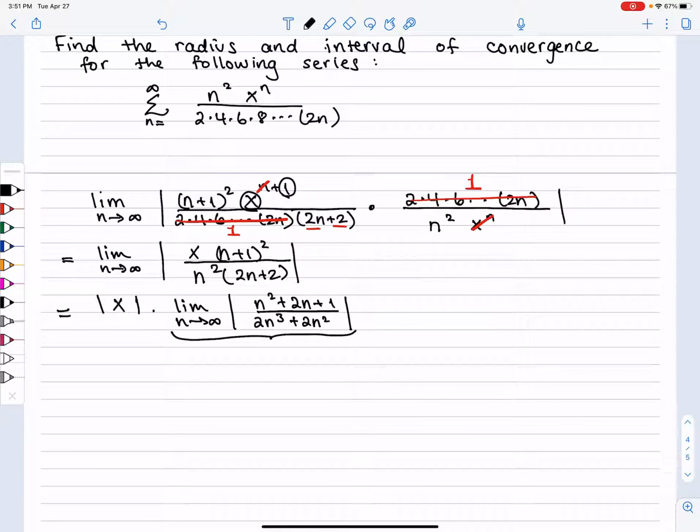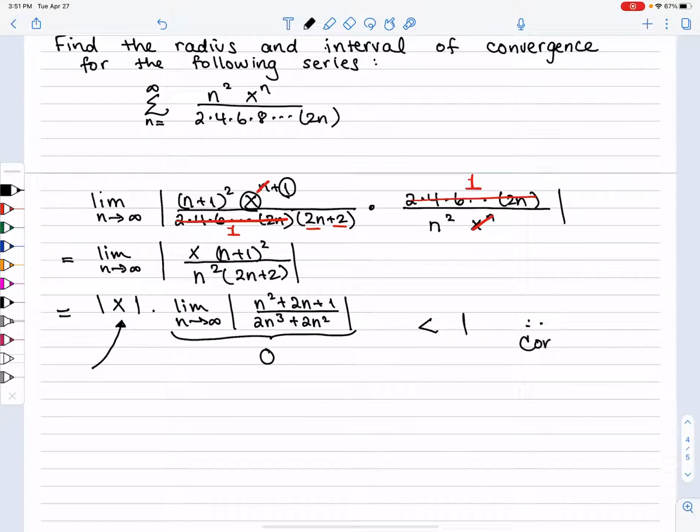Why? The degree of the denominator is greater than the degree of the numerator. So that limit will always be equal to 0. It doesn't matter what values of x you plug in. That ratio test will always be 0, which is always less than 1.